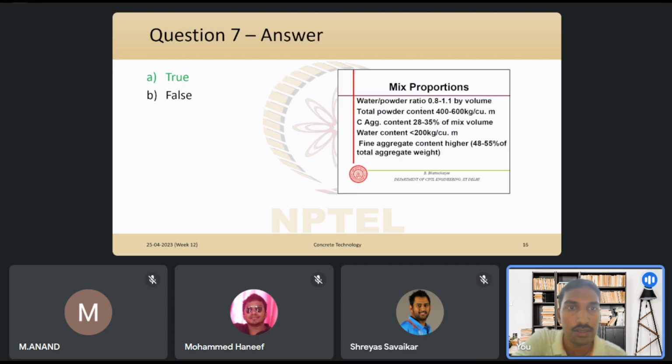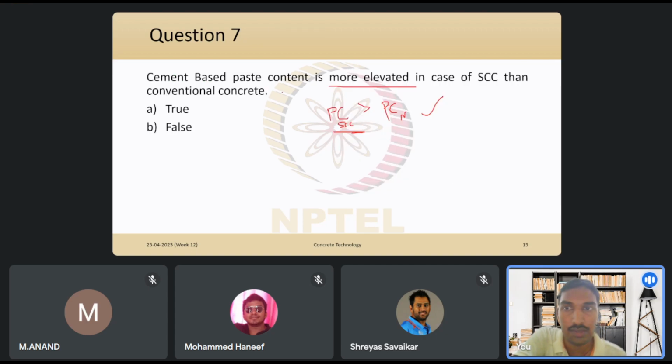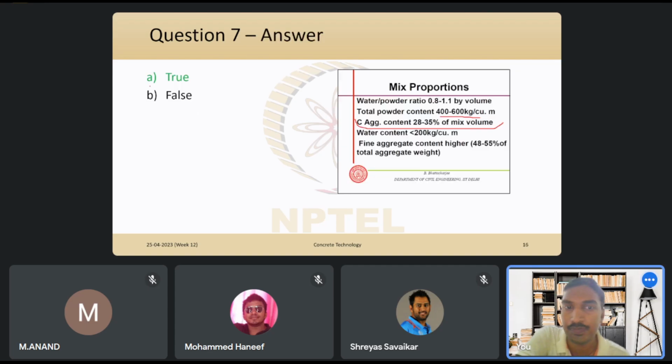If you look at typical mix proportions, the typical total powder content would be around 400 to 600 kilogram per cubic meter, whereas the coarse aggregate content will be only 28 to 35%. This is lower than what you will see in a conventional concrete mix. Therefore, the given statement is correct, saying the cement-based paste content is more elevated in SCC than conventional concrete. So the right option is A.